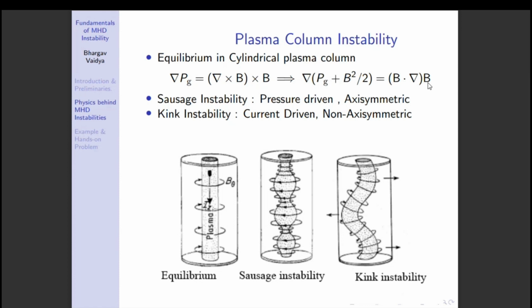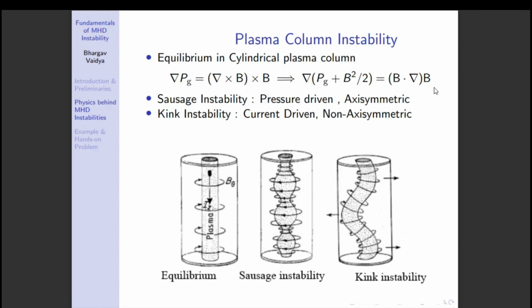The tension force has a 1 by r term, so if you reduce the radius a little bit, the tension force will increase. So it will further push it down, because the tension is like a rubber band, constricting, and push it down, and push it down.